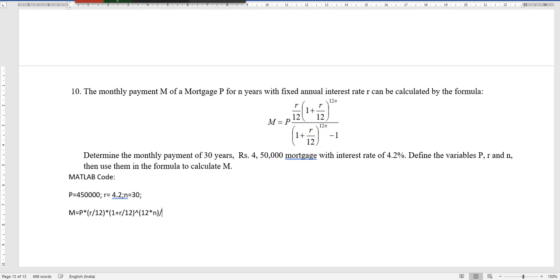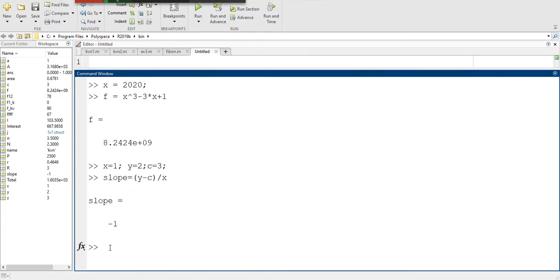Divided by, now write in brackets, use a starting bracket and an ending bracket, so that you will get the answer without error. Now coming to inside the bracket, 1 plus R by 12 power 12 into n, minus 1. Okay, closing, everything is closed. Just we will calculate the value. Very easy question. It looks like a big one, but it is not very big.